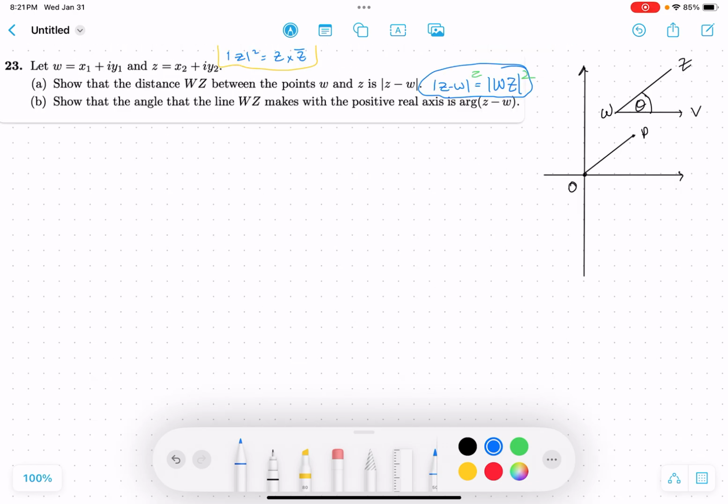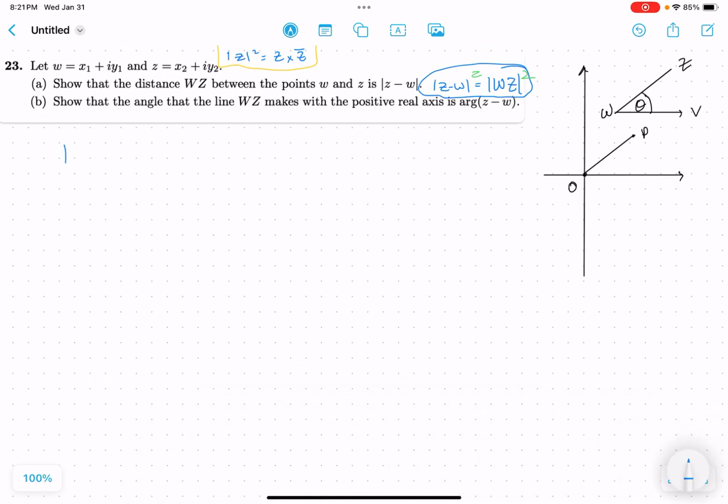So let's start with mod Z minus W squared. By this property, we can rewrite that as Z minus W times the conjugate of Z minus W. Remembering Z is this and W is this, let's take the reals.